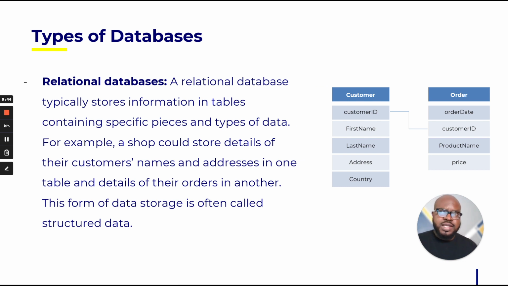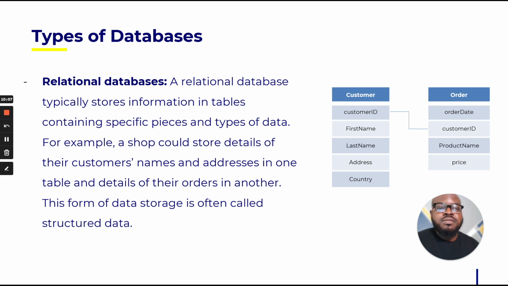Looking at our example, we have a customer table with each customer's details: the customer ID, the first name, the last name. The first table shows us the details of our customers, and the second table shows us the details of every sale we make.